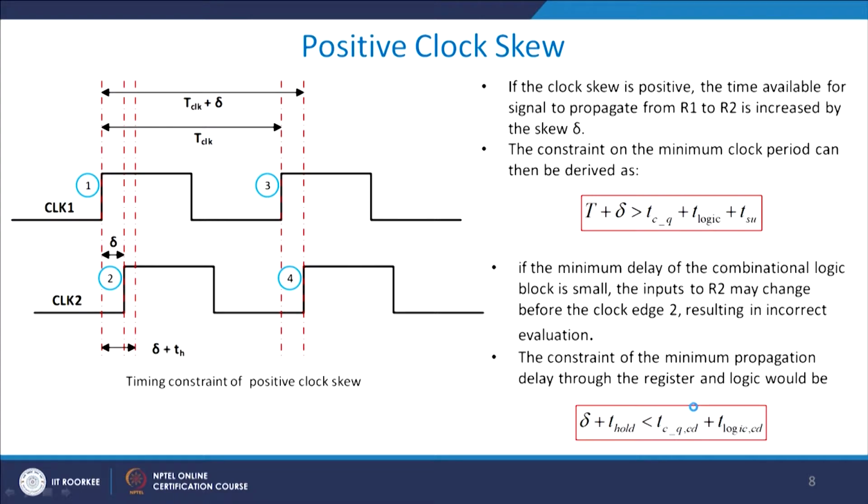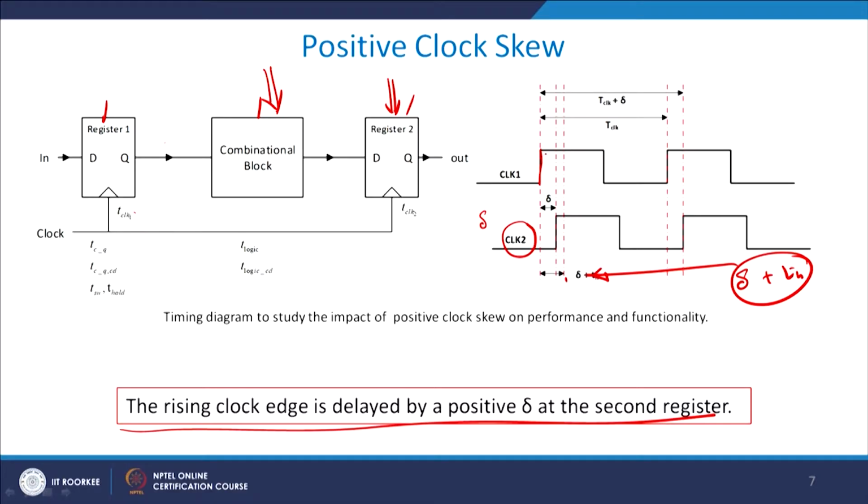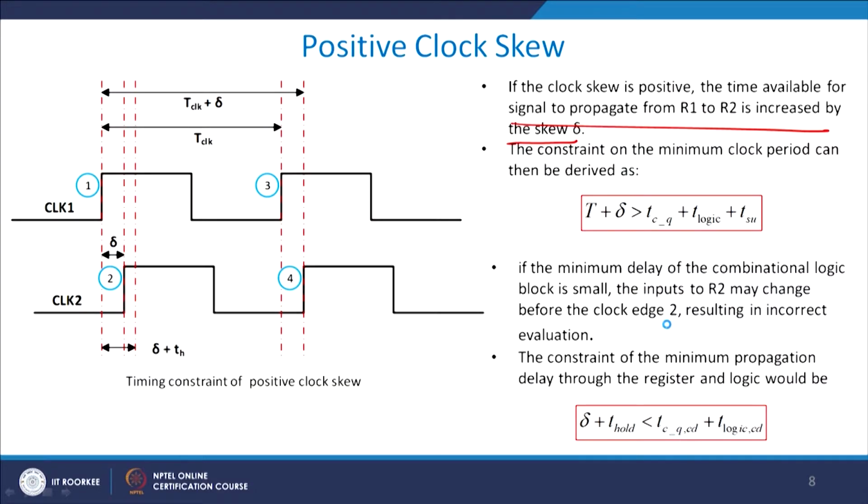As I discussed, if the clock skew is positive, the time available for the signal to propagate from R1 to R2 increases by delta. I suppose this is clear, no need to explain. If the clock skew is positive, then I get a larger time to integrate my design, and therefore it is much easier, and a positive clock skew is always beneficial in nature.